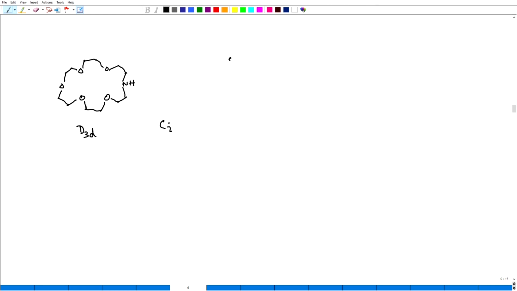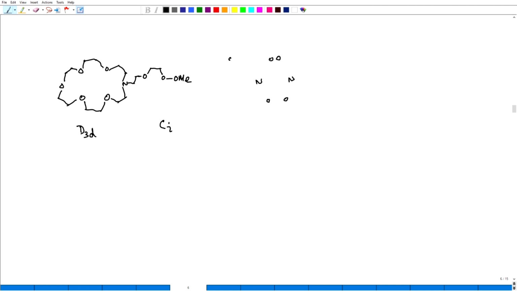I can functionalize this secondary amine. It has been functionalized with this kind of extended arms attached, OMe, or OMe, or say this kind of compound also exists, oxygen, oxygen.